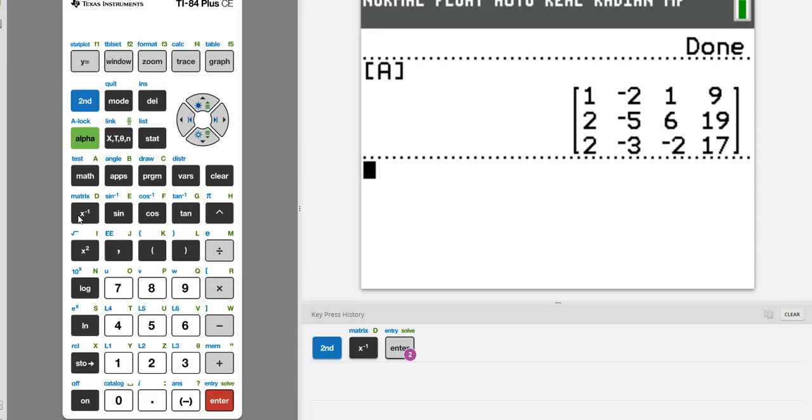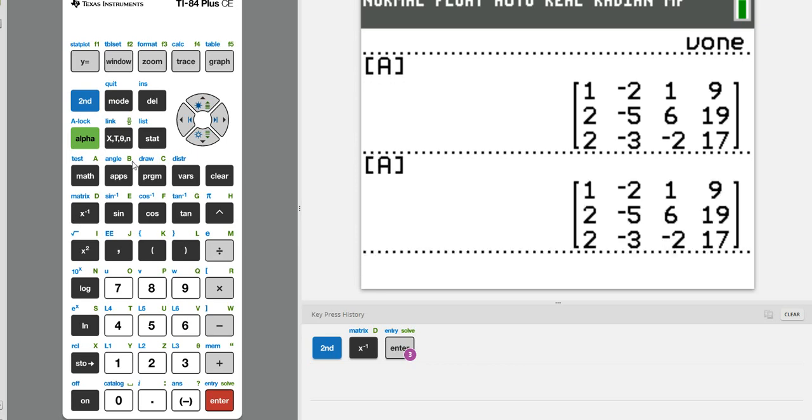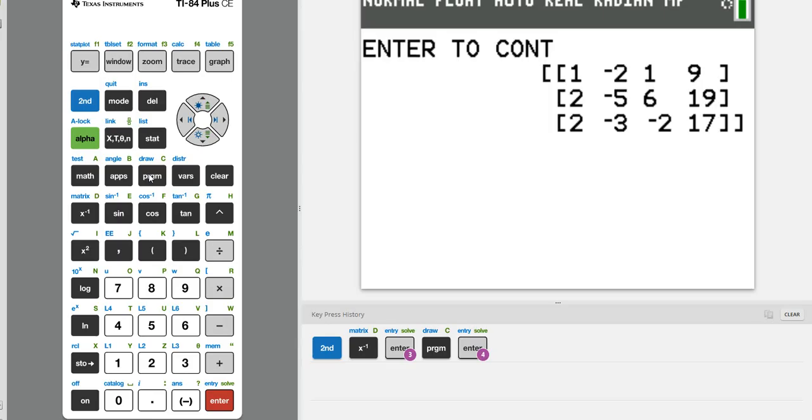All right, so let's run program row ops here real quick. Let's see what happens with this one. Program row ops, select matrix A. What are some of the steps we're going to do to put this in that right form that we like?